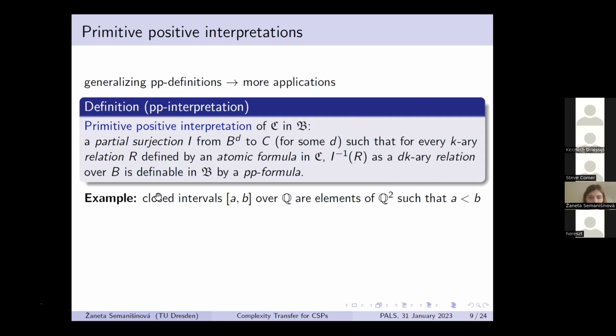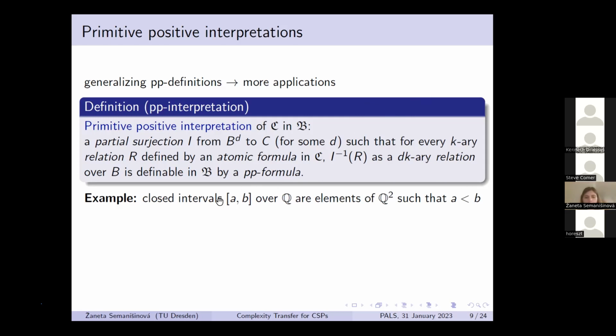For example, where we will actually be using this is when I want to talk about closed intervals with rational endpoints. It's very natural to understand them as pairs of rational numbers where one is less than the other.